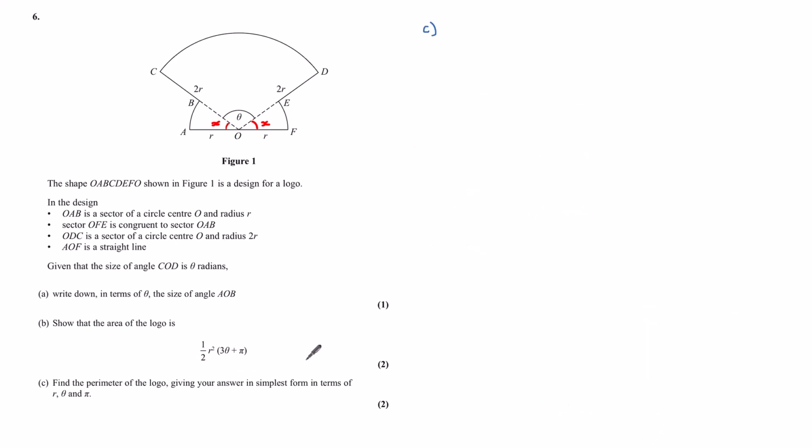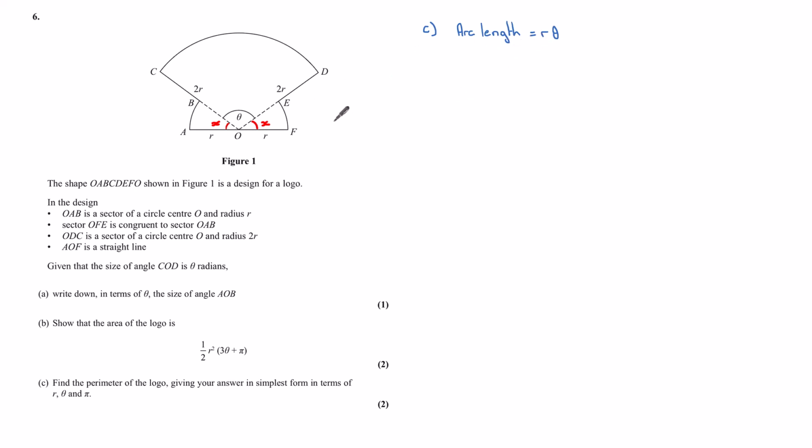Part C, I want to find the perimeter of the logo, giving my answer in simplest form in terms of r, theta and pi. Well, our formula for arc length when we're working in radians is r theta.